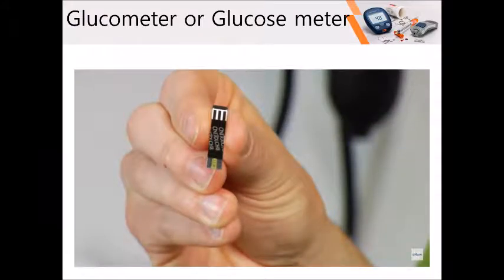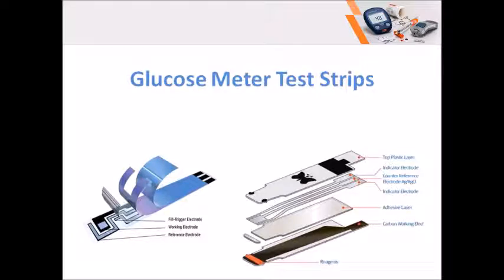Here is the detailed view of the test strip, where it can be seen that there are three electrodes: working, counter, and reference electrode.